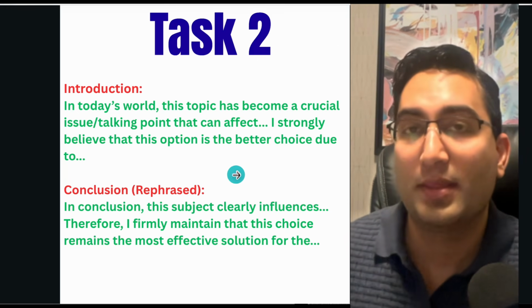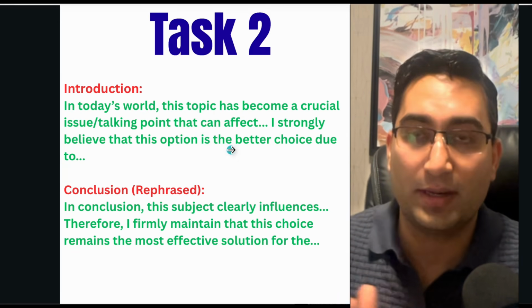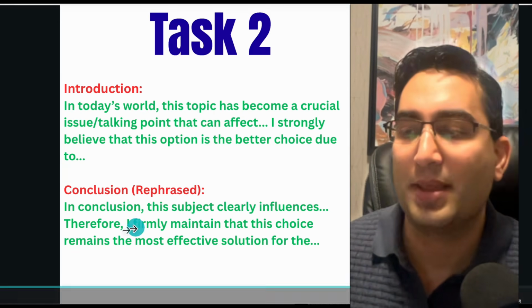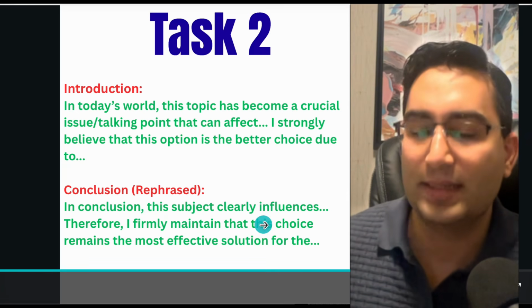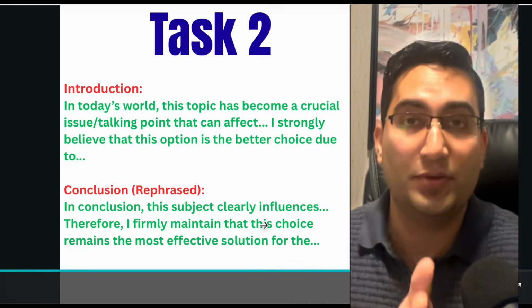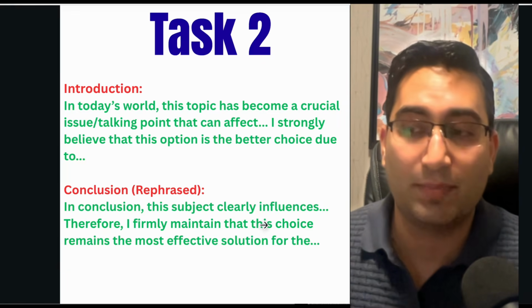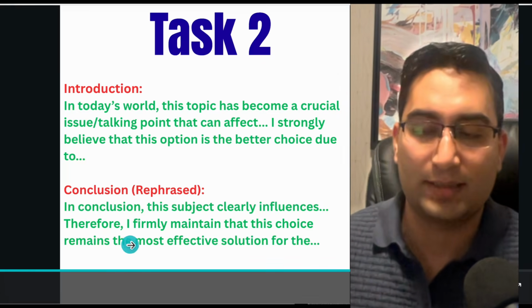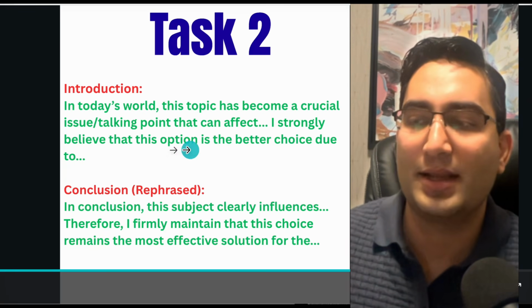When we talk about the conclusion, for example, if this was our general and opinion sentence, we would finish this up in this way. In conclusion, this subject clearly influences, and then clearly influences who? Many people, the population, the office staff, whoever we're talking about here. Therefore, next sentence, therefore I firmly maintain. So you see in the intro we said I strongly believe.